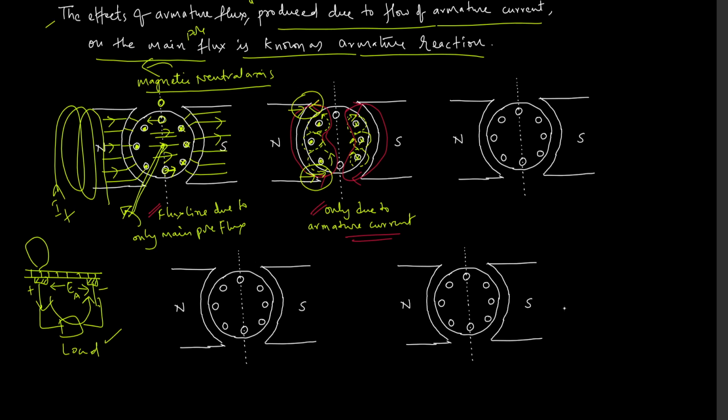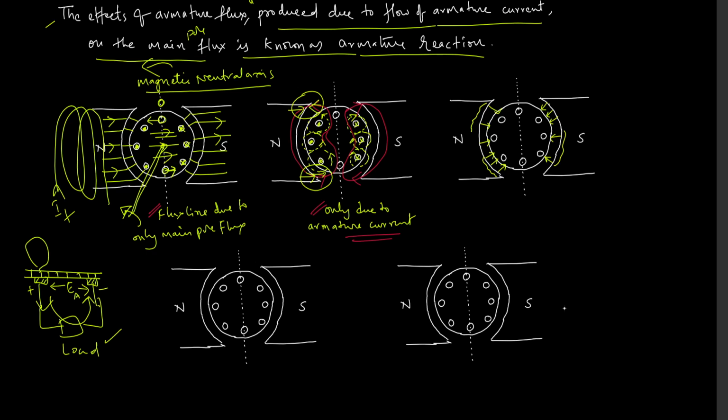The resultant flux lines are more dense here and more scattered here, and similarly on the other side.